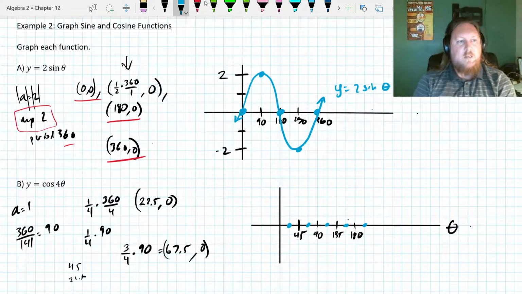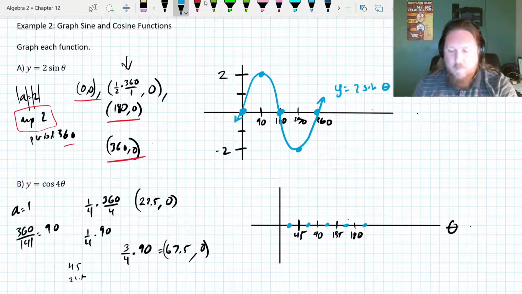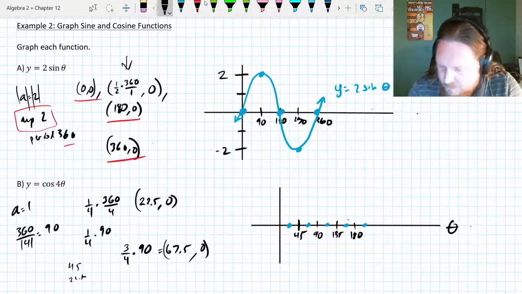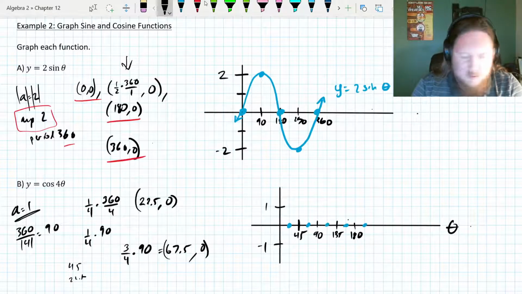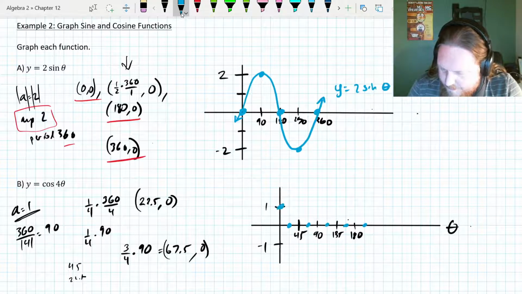Now you can see here, because it's a tighter period, I'm putting more cycles into it. Cosine starts at the maximum, so I need to write the maximum on here. It doesn't really matter, but I'll just make that a 1 and a negative 1 there. Remember, the amplitude hadn't been changed at all. So I start at the top, and then I go to the bottom.